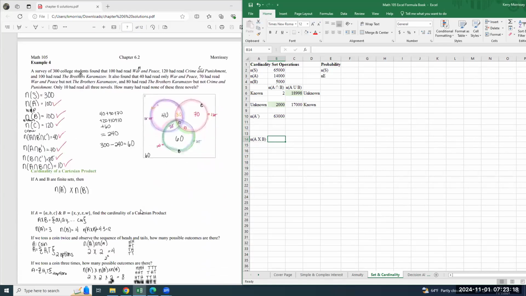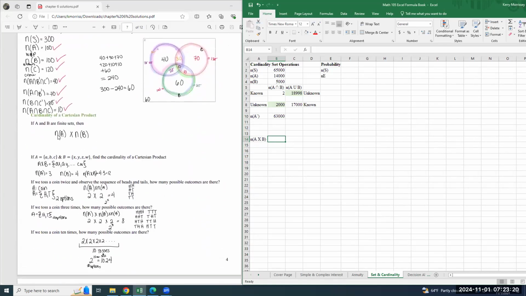your Cartesian product here. Your Cartesian product is just taking A times your B. So for these examples down below, we have A, B, C is set A. So we'll do set A here as 3 elements. And B here, let's say B or N of S, let's just count them all up. 1, 2, 3, 4, 5, 6, 7.